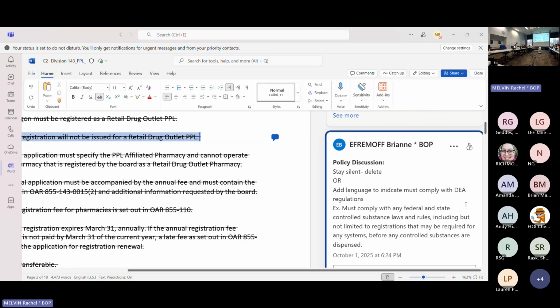I think you also have to have the sentence that says that they're not currently issuing registrations for this. I think it almost has to be both of those statements. Or maybe just the statement that's there and then updating the language around the retail drug outlet PPL to whatever the current term is that we're using.